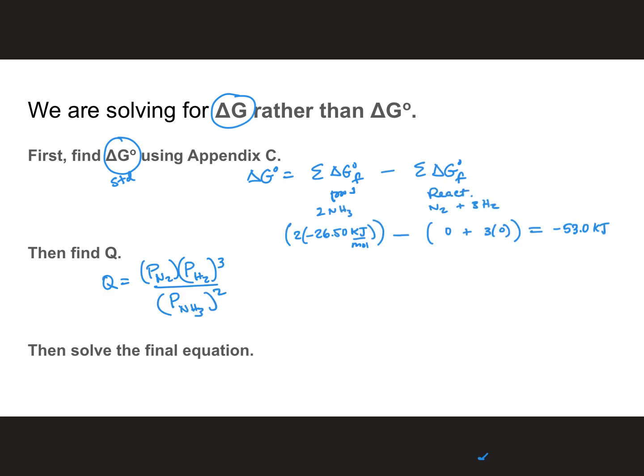So here you can see that I have set up finding delta G using the information in Appendix C, pulled those values out of the delta G of formation column.